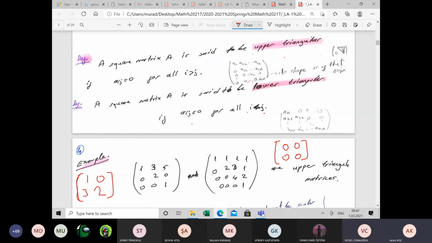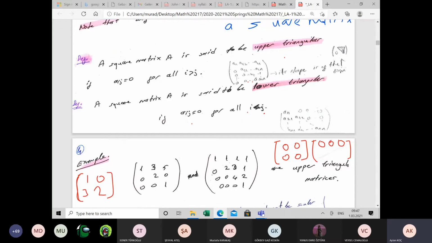Because maybe they may not be square matrices. Look at this one: a zero matrix, yes, but not square. So the first condition is not valid. So this one is not upper triangular or lower triangular.